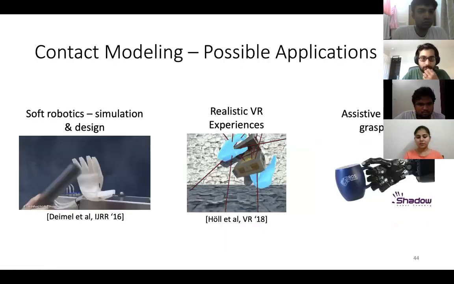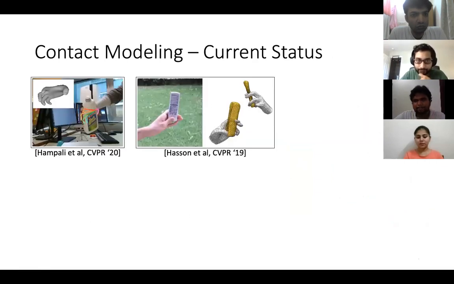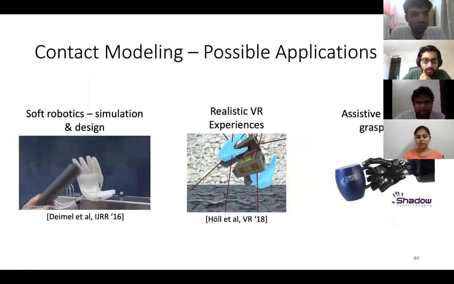Okay, so there was a second paper, and I just want to come back to the possible applications that I talked about. All of this soft robotics, realistic VR experiences, all of that. So those were good applications to keep in mind. But for all of these applications, what we really need is models of the contact.